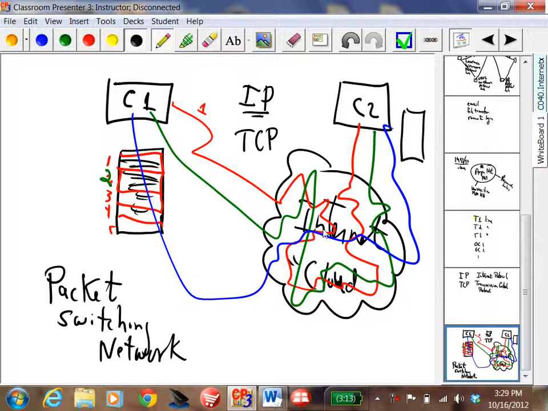These packets are all pretty much the same length. Some of the files sent through the internet are millions and millions of characters long. You really don't want to send the entire thing on one route.